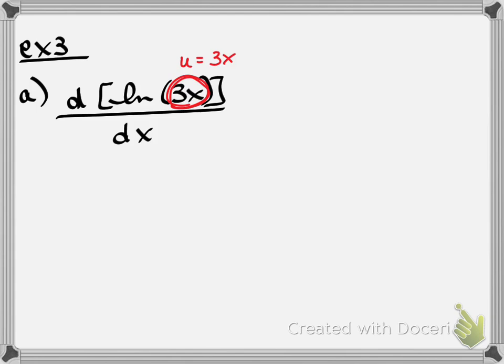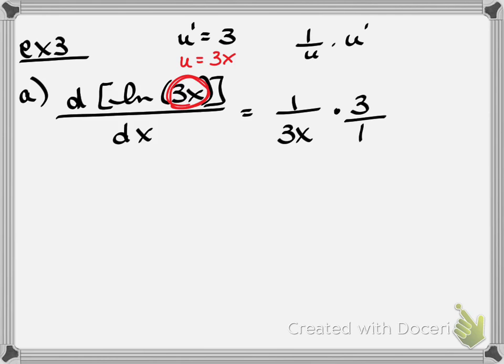We don't do anything other than realize that's the u. So we jump right into the rule that it's 1 over u times u prime. So it's 1 over 3x times, and maybe right above u I'll do just the derivative. The derivative of 3x is 3. So 1 over 3x times 3. Put it over 1. Let those 3's reduce out. And our answer is 1 over x.